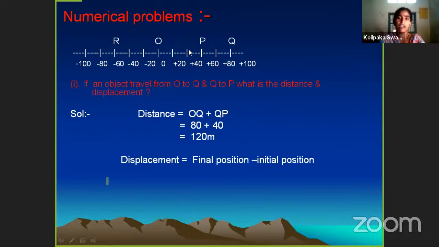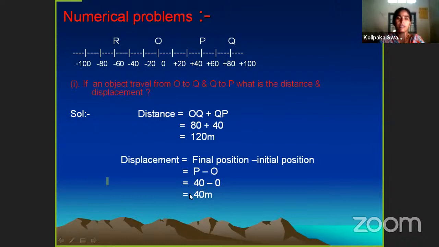Here the object's initial point is O and the final point is P. The object traveled from O to Q, then from Q to P. So the final point is P minus the initial point O. On the scale, P is 40, so 40 minus 0 is equal to 40.